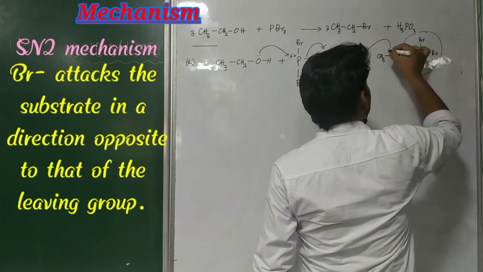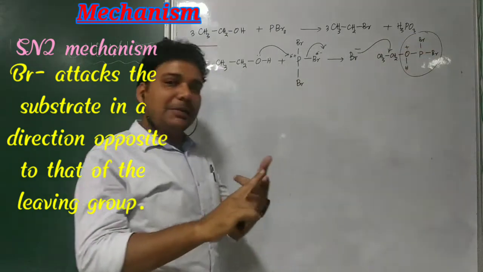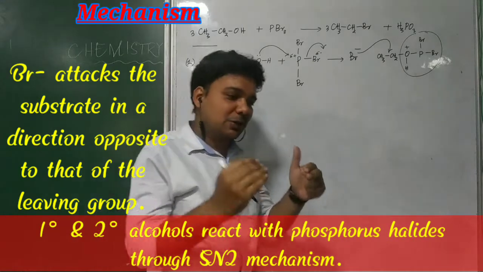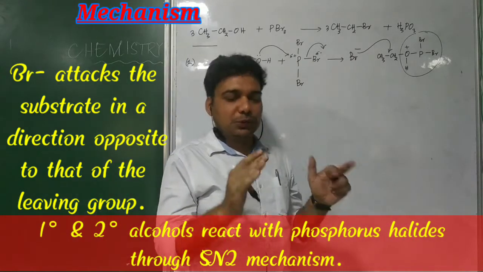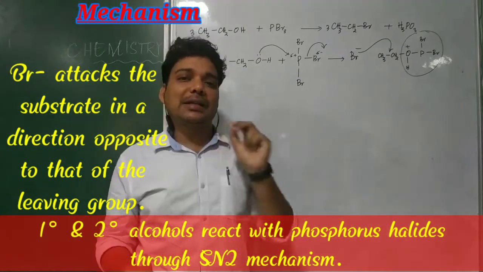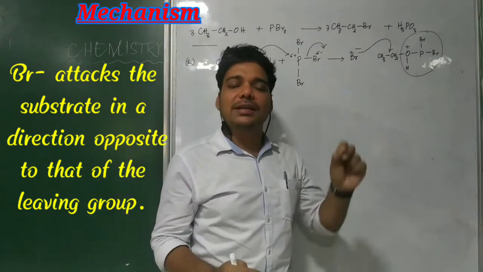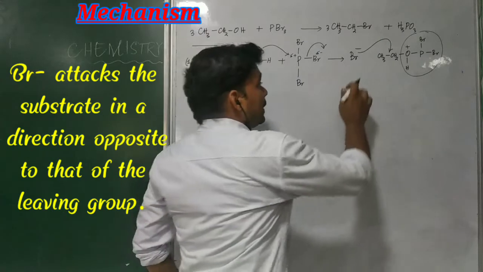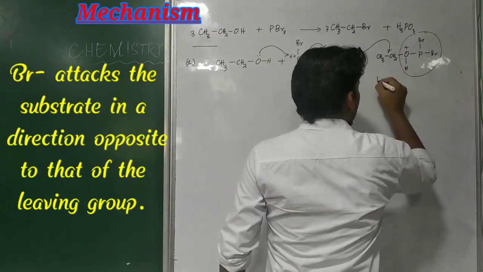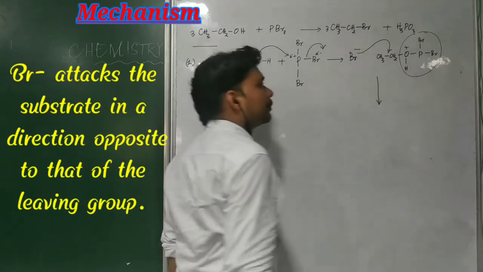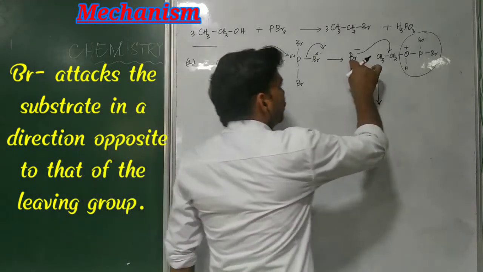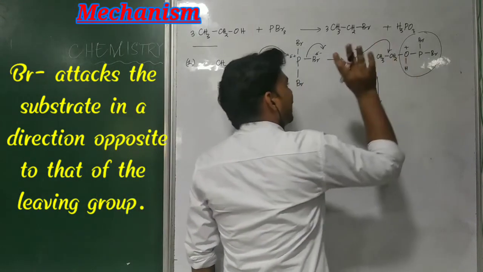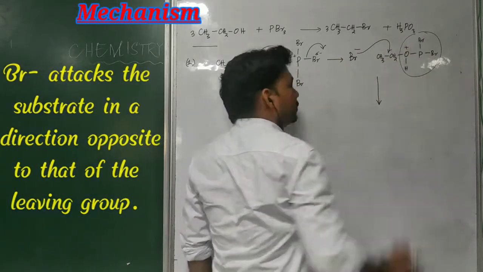Remember here, SN2 mechanism. Primary alcohol and secondary alcohol react with phosphorus trihalides through SN2 mechanism. Nucleophilic substitution bimolecular. As a result of this reaction, the nucleophile attacks the substrate in a direction opposite to that of the leaving group.